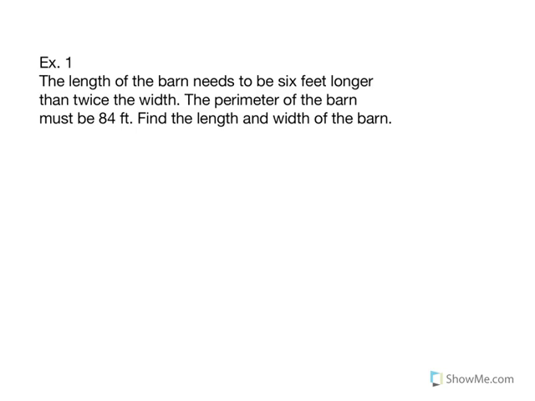It always helps me to draw a picture for these kind of problems. Since I'm talking about a rectangular barn, I'm talking about something that has some length and some width.